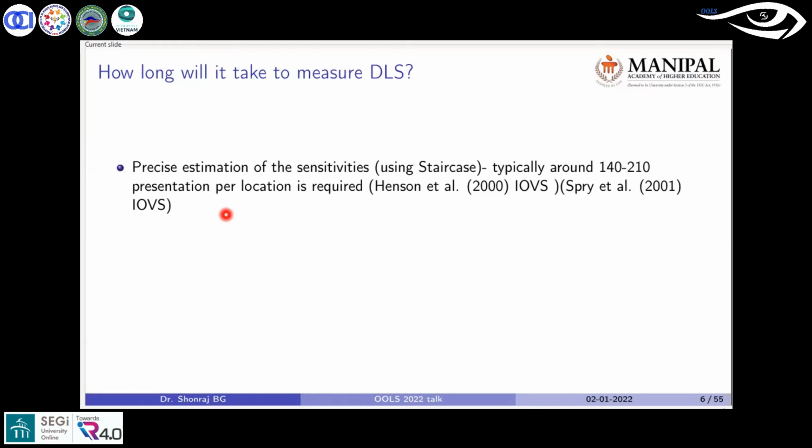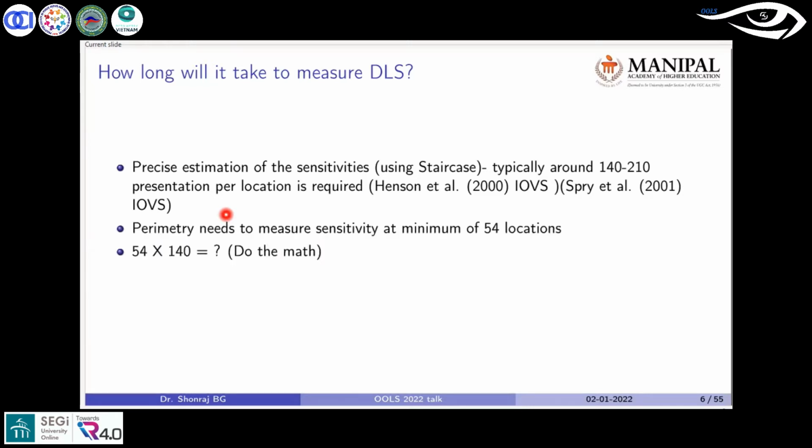Now, as you know, we test a minimum of 54 locations in perimetry. That is, the 24-2 grid has 54 locations. So if you multiply 54 by 140, you do the math. That many stimulus presentations are required to accurately measure the differential luminance sensitivity values at different locations in your visual field.